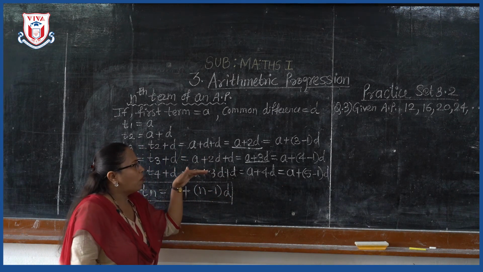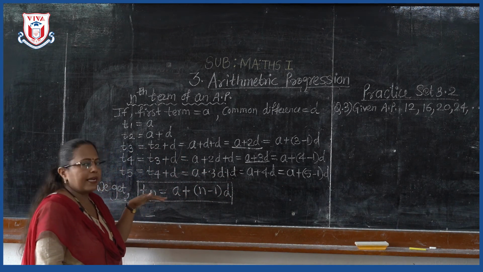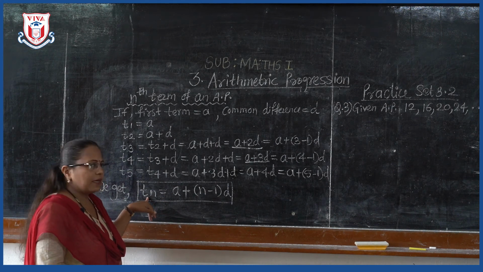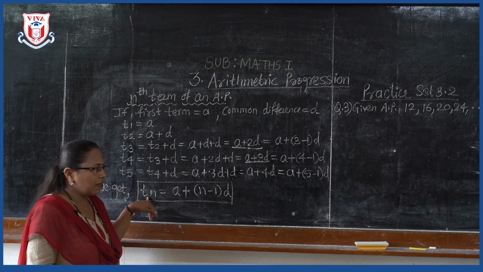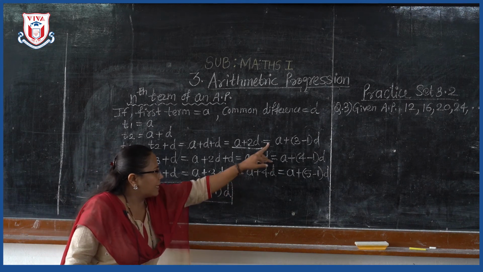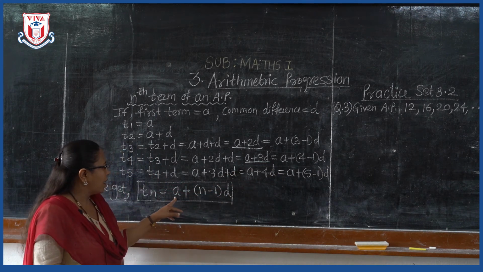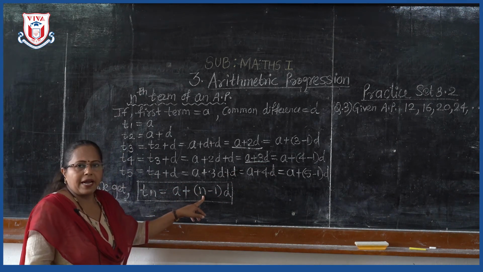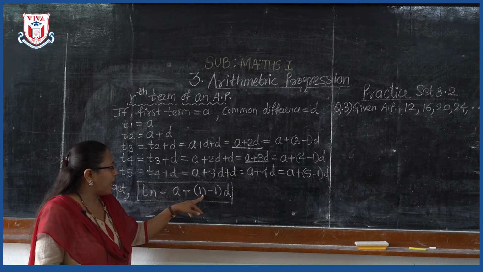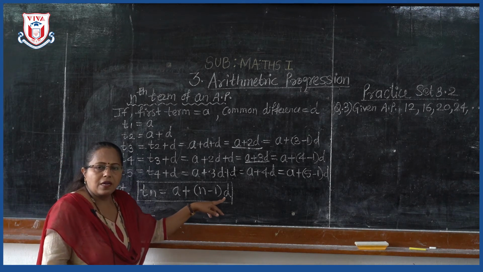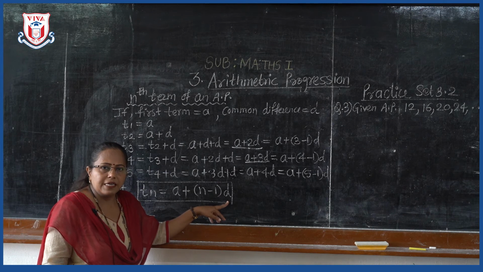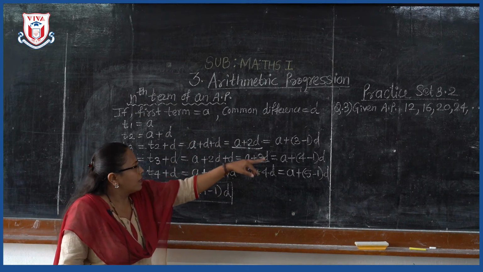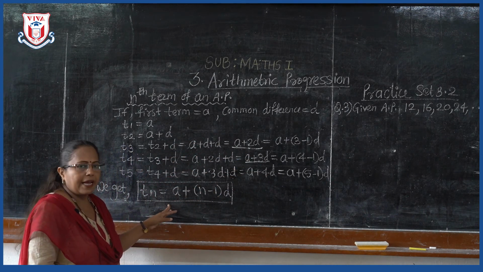Same way if you go on continuing to find the nth term. The nth term is denoted as Tn equal to, like this we will get A plus, for the nth term, n minus 1 into common difference D. See, same way if you go on continuing you will get the nth term.